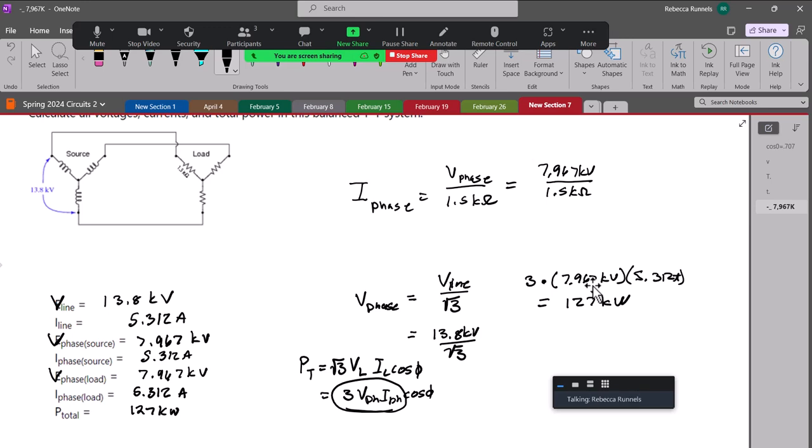Yes? One of the things that he said in class was that he wants us to focus on doing YY configurations. If we're given a delta, he wants us to convert it, or he tells us we should convert it to Y and then use just the math for YY. I don't know how much that really changes, but it was something he said.